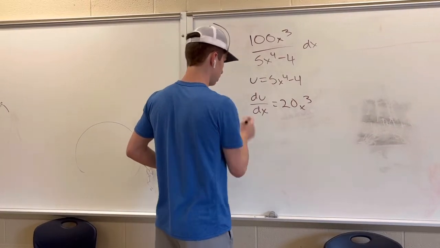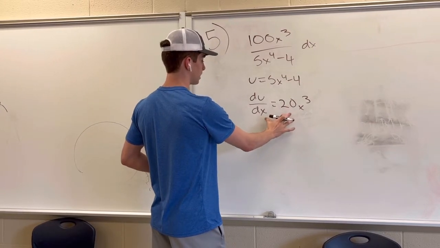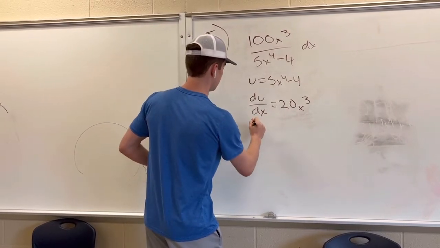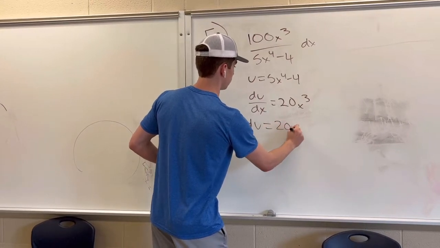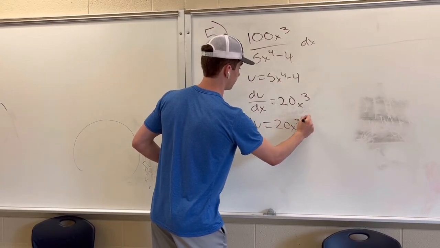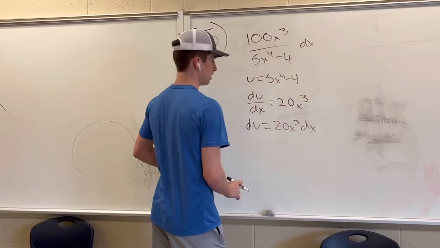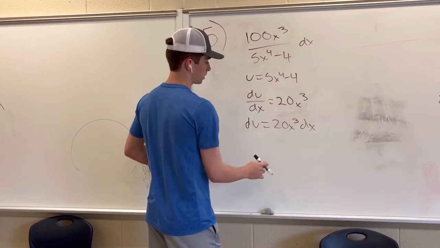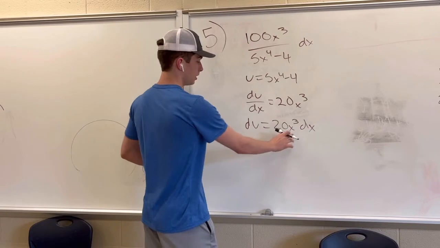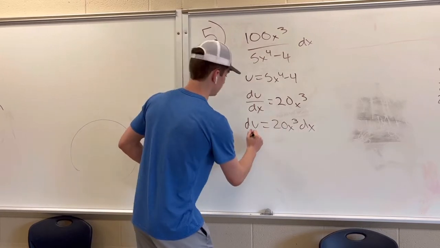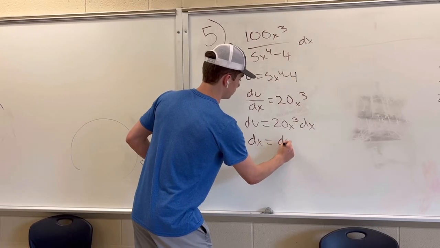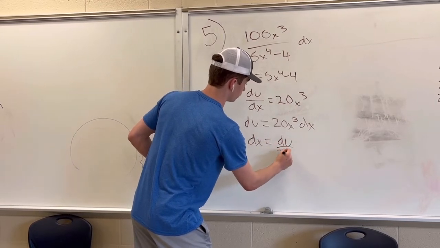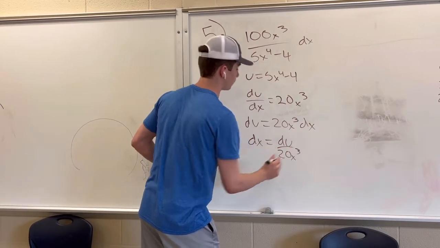So we're going to multiply both sides by dx, and get du is equal to 20x to the power of 3 dx, and then to get dx, divide both sides by 20x to the power of 3. So your dx is going to equal du over 20x to the power of 3.